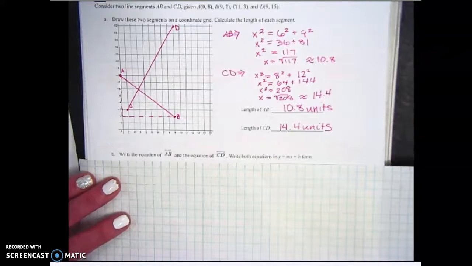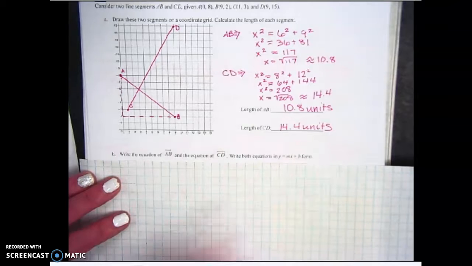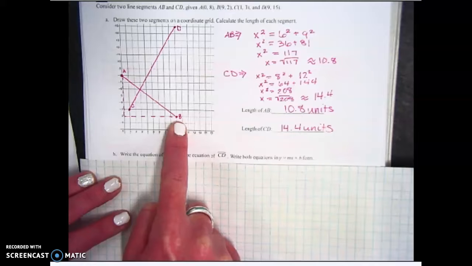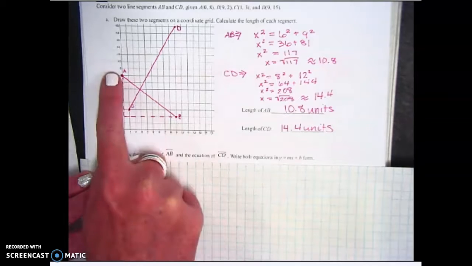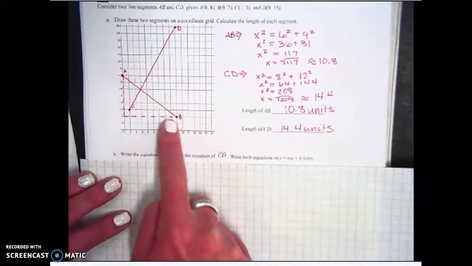Question B, they want us to write an equation for line AB and an equation for CD, and we want to put them both in slope-intercept form. So for AB, we need to count the slope. Is that line going up or down? It's going down, right? You see how AB is going down from left to right?